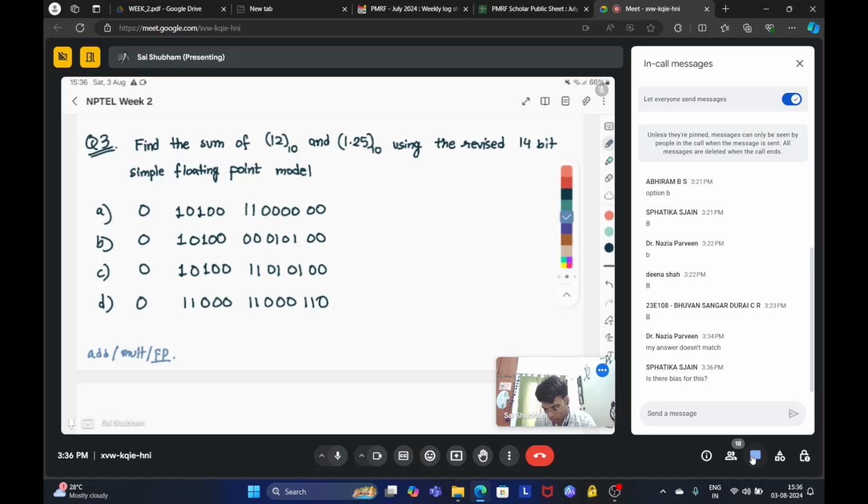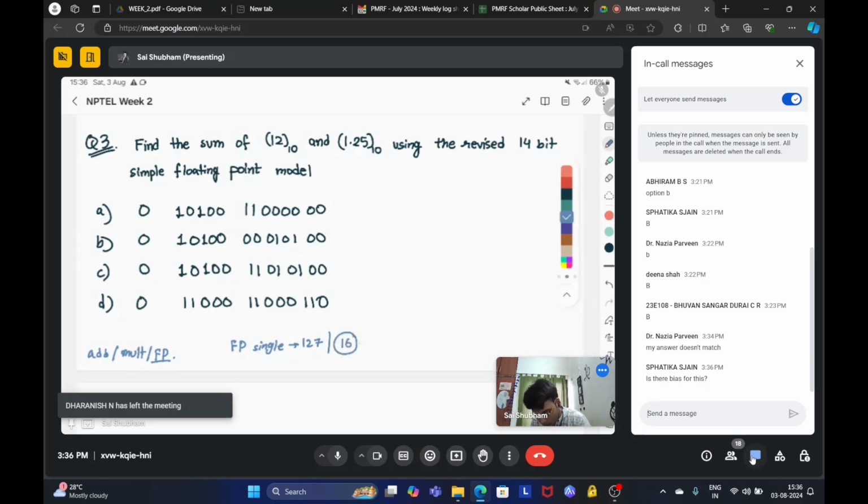For all the floating point models, there is a bias. I can give you a hint that for FP single precision, the bias was 127. Here, this is the bias.